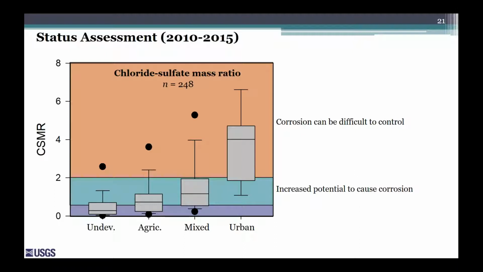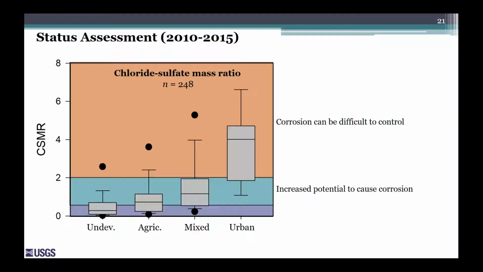Okay, and we're looking at it overlaid on those important markers of chloride to sulfate mass ratio that we looked at earlier, where anything above 0.5 tends to promote corrosivity, and anything above 2 can actually become difficult to control corrosion. And so what we see in this case is that the urban areas, once again, in addition to having these large increases in chloride to sulfate mass ratio, also overall have a higher chloride to sulfate mass ratio.